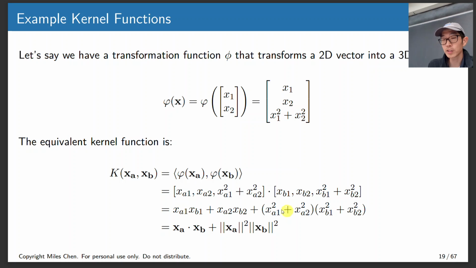And xa1 squared plus xa2 squared is the norm of xa squared, and likewise for xb. So I'm just taking the product of the norm of xa squared and the norm of xb squared. This is an example of a kernel function. You could go through the steps of transforming your vector and then doing the inner product, or if you just need the result, you can go straight to this, and they're equivalent.